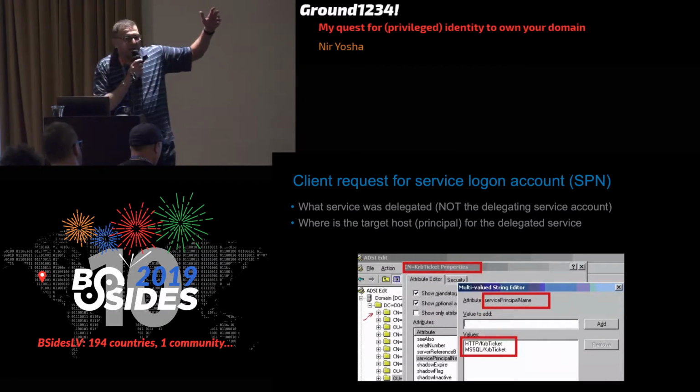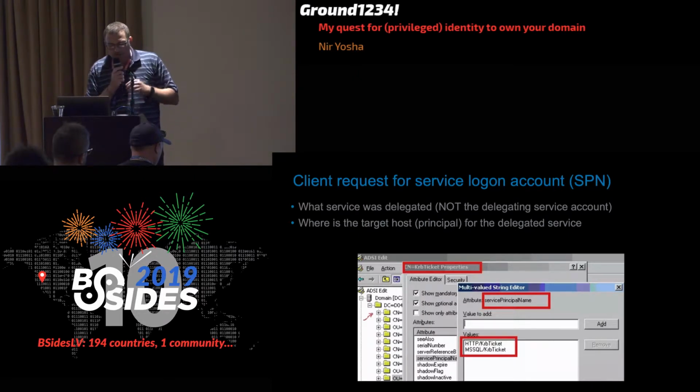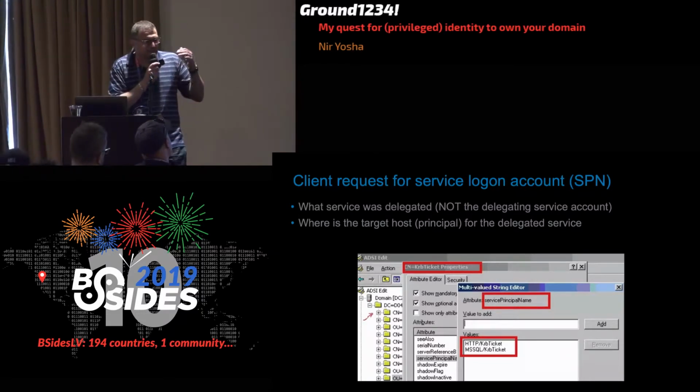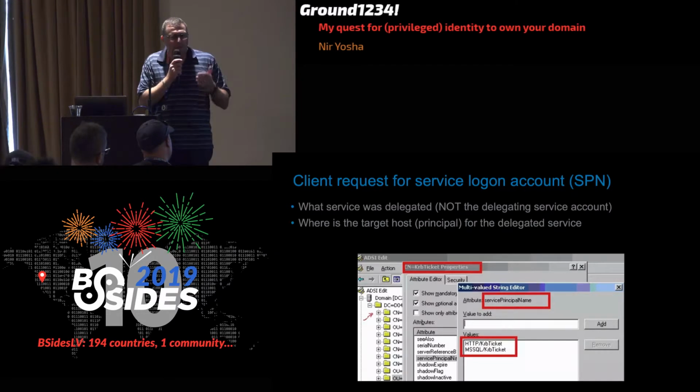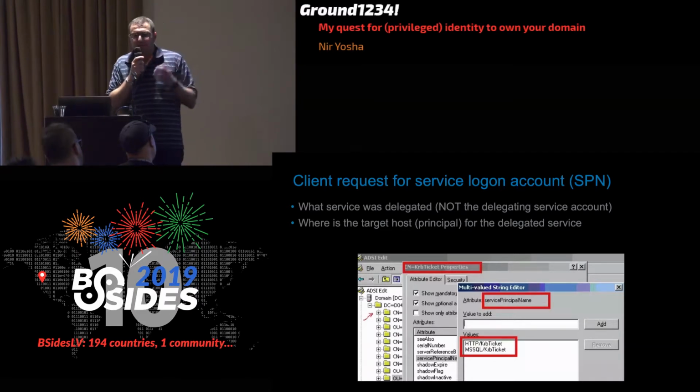So Microsoft had another attribute or another way to give access to accounts called SPN. So what is SPN? SPN comes to solve the problem of accessing services that are not directly communicating with your clients. Let me give you an example.